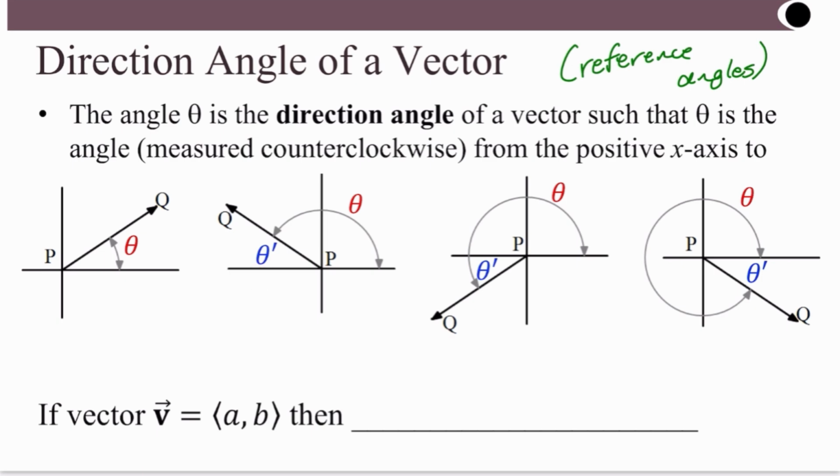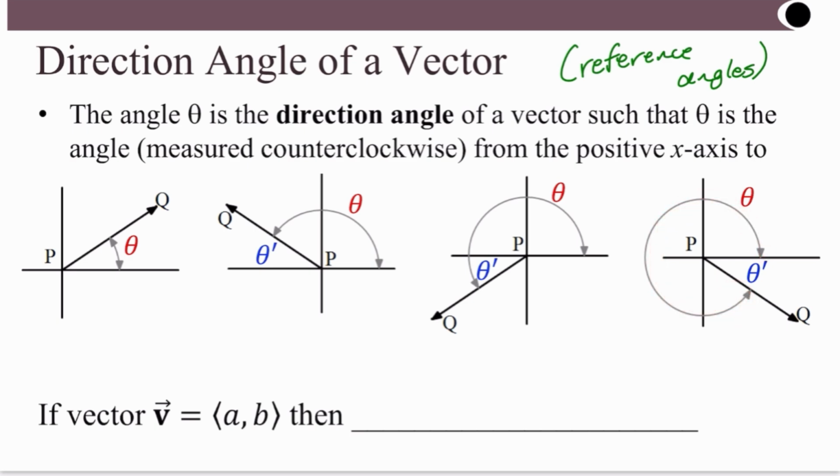If your vector in standard position is in quadrant 3, then this large angle here becomes your direction angle, but the angle between the x-axis and the vector is the reference angle. And then finally in quadrant 4, you've got your reference angle there, and then the direction angle, just like in the unit circle, moving in a counterclockwise direction.